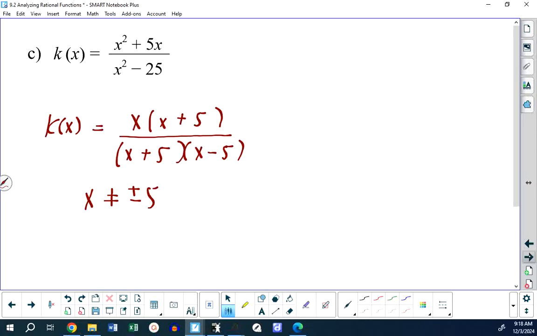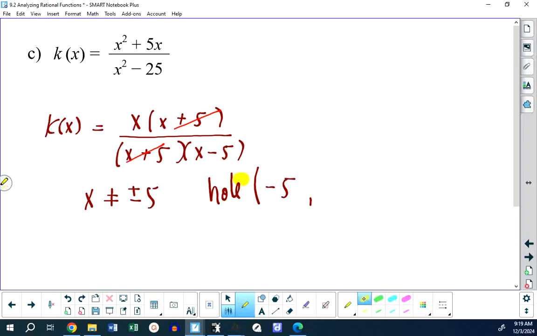Because these cancel, the x plus 5, which gives you the x is not equal to negative 5, tells you you're going to have a hole at negative 5.